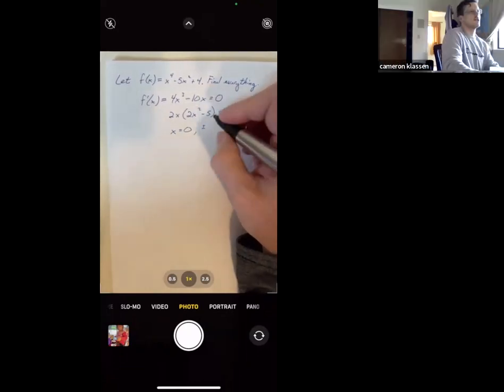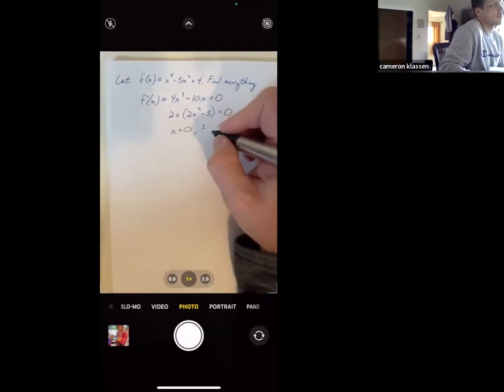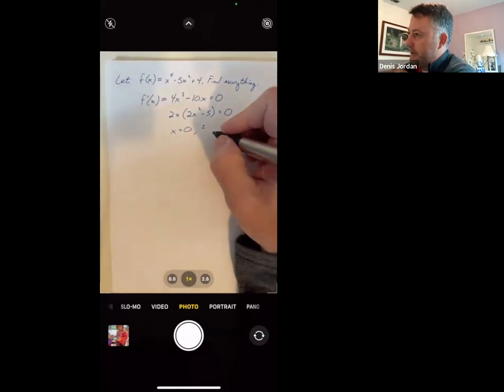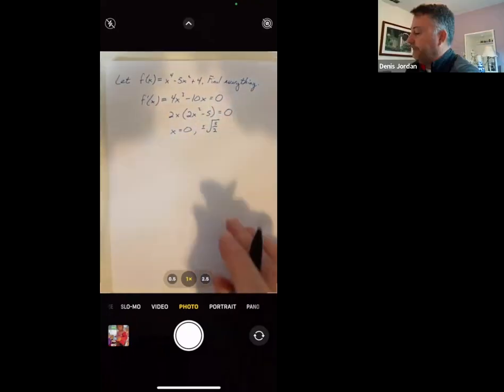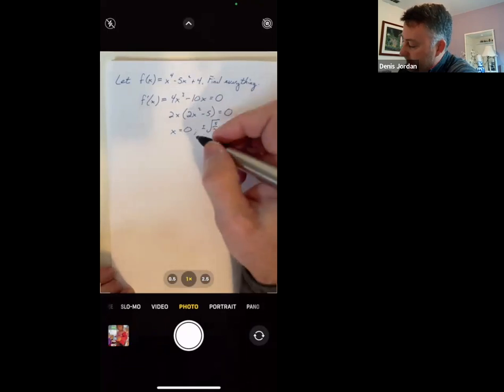Square root of 5. There's more to it. Root of 5 halves. Yeah, square root of 5 halves. All right, so these are your critical numbers.